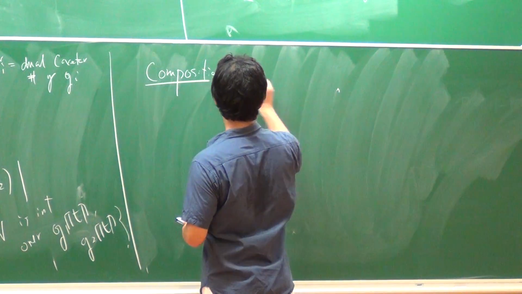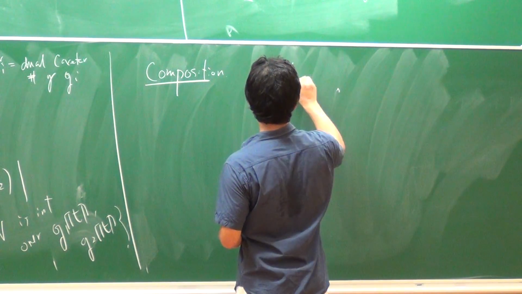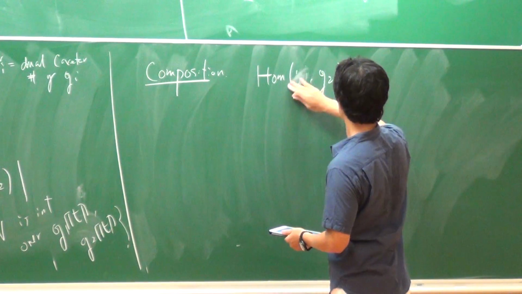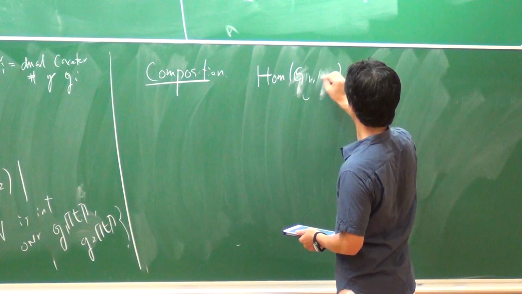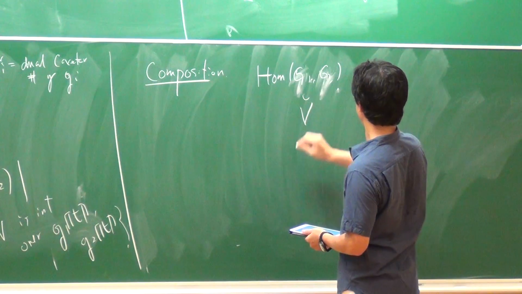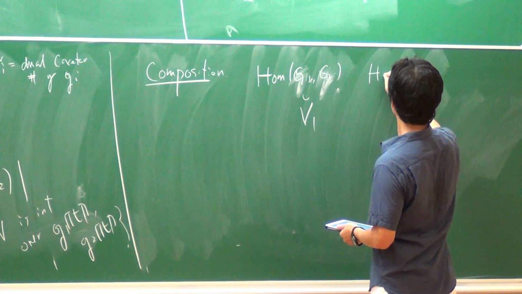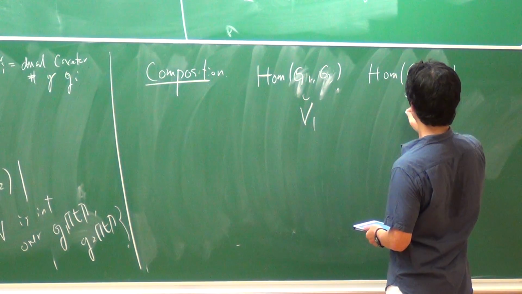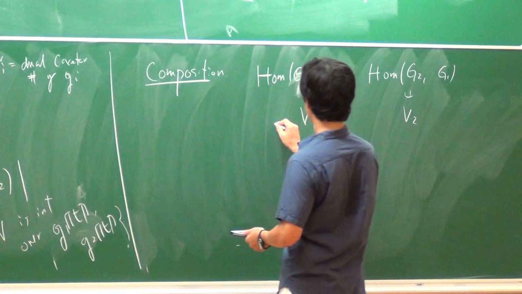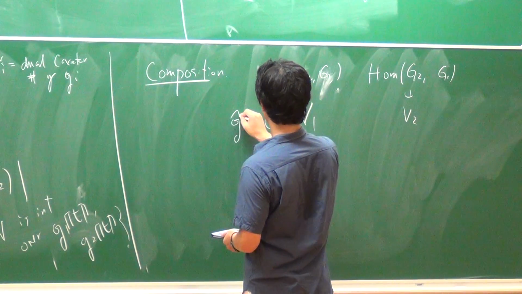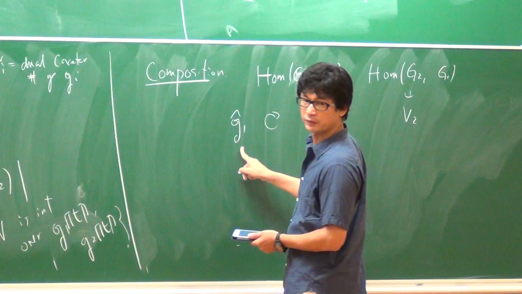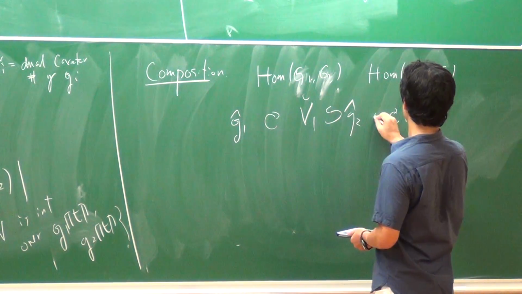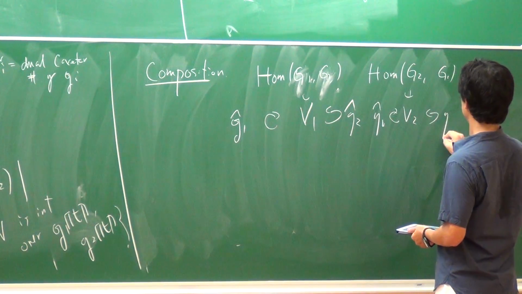So I take two vertex algebras, from G1 to G2, V1, and from G2 to G3, V2. So you have two commuting actions, where G1 hat has a critical level and G2 hat has a critical level, and the G2 hat and G3 hat.